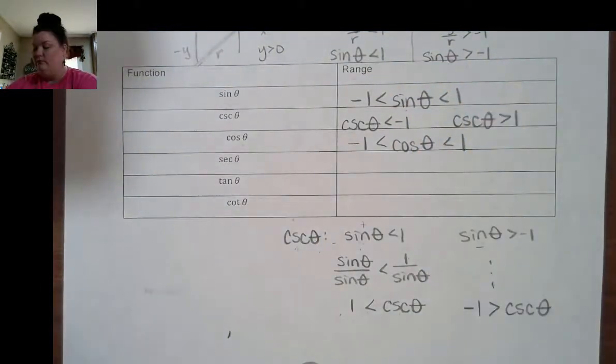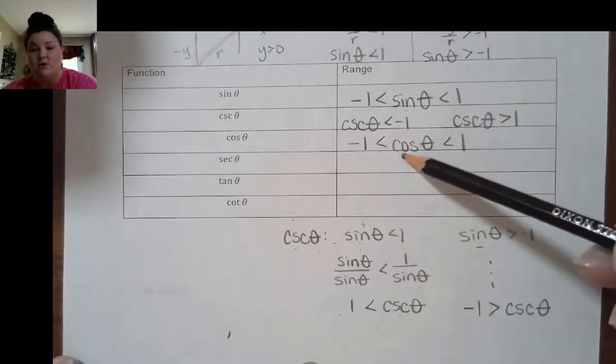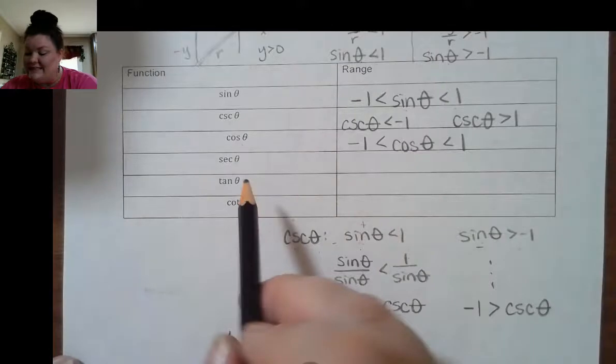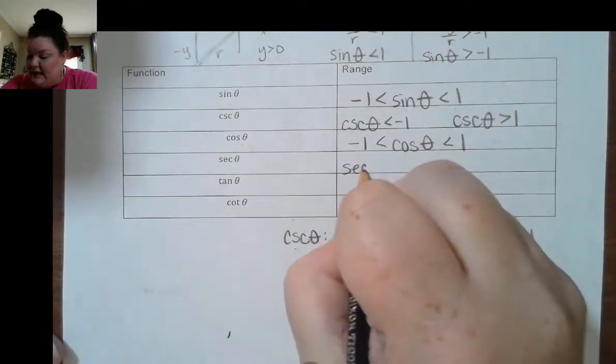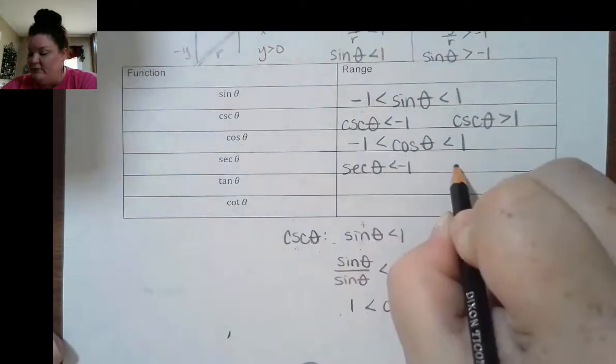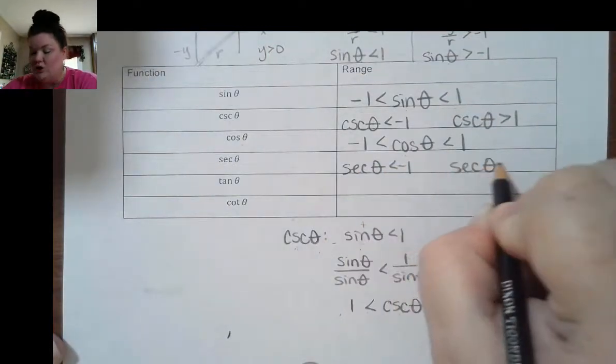Okay? And similarly, we can go through the same type of proof with cosine to show that its inverse, secant, reacts the same way. Secant theta also has to be smaller than negative 1 or larger than 1.